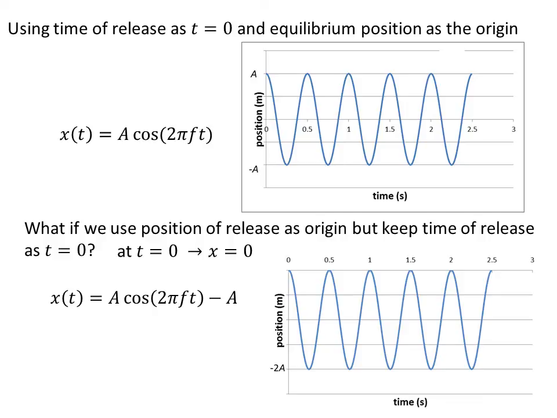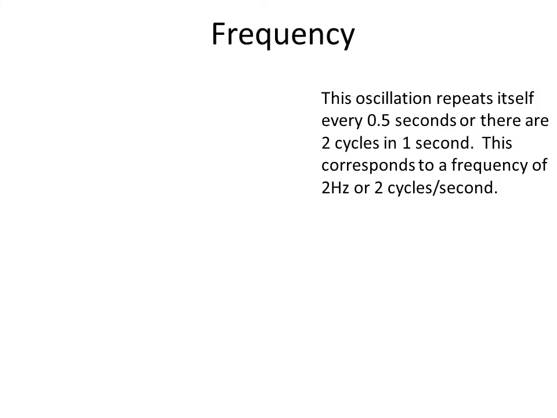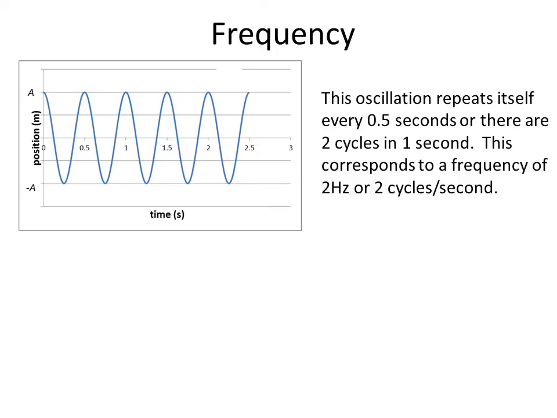There's one more point about oscillations that we need to talk about, and that's frequency. Here is our plot again, and we notice that it oscillates back and forth. Well, the number of oscillations per time has something to do with the frequency. You notice when you look at the plot that after half a second, the plot repeats itself.